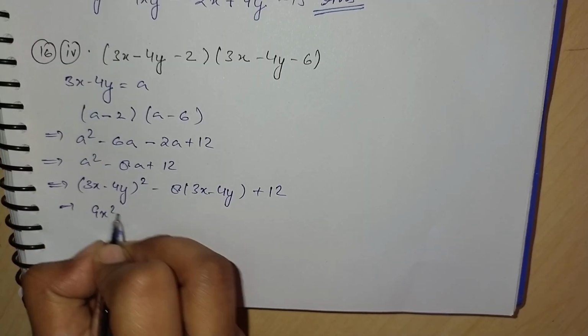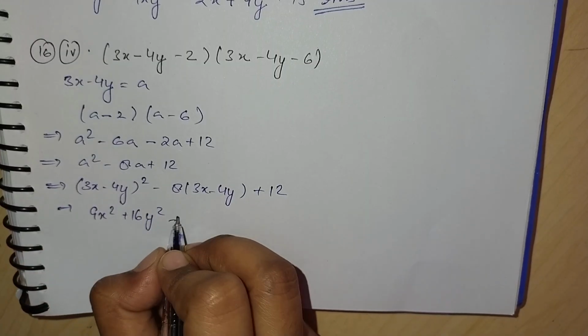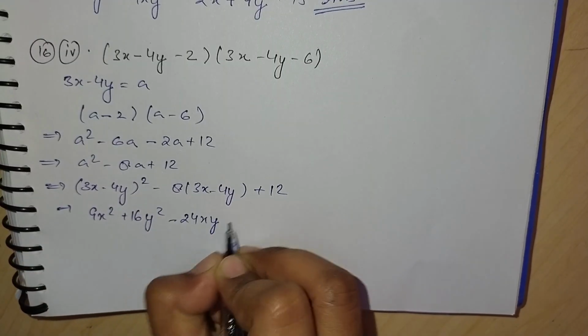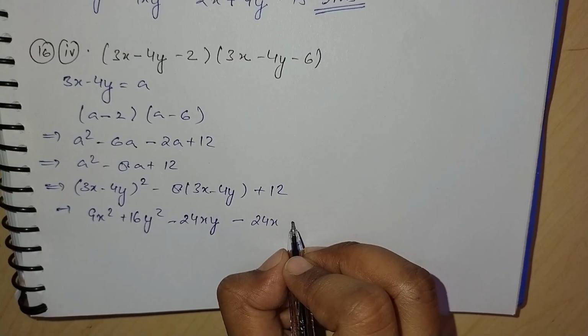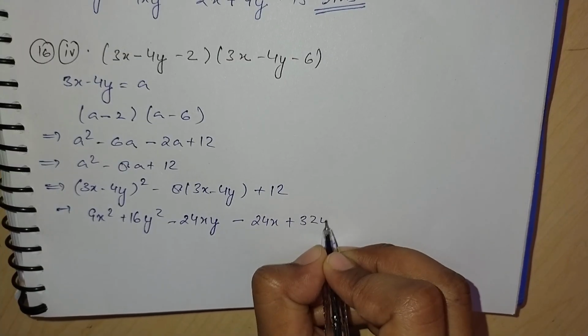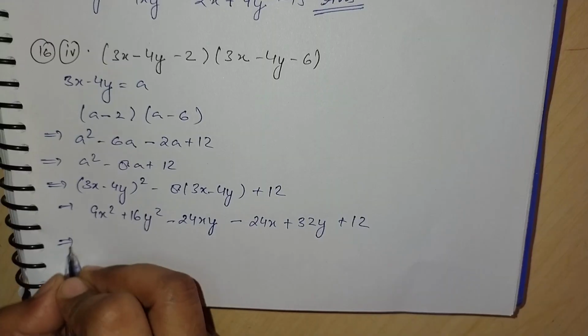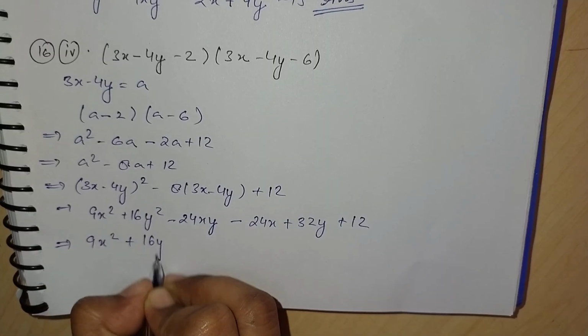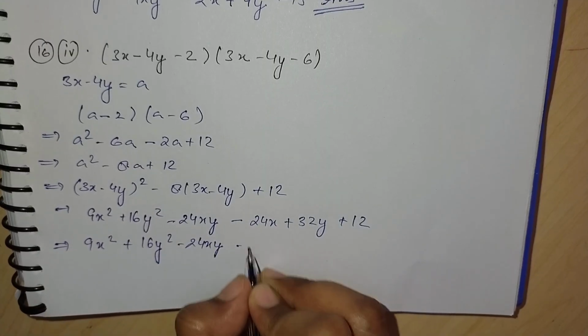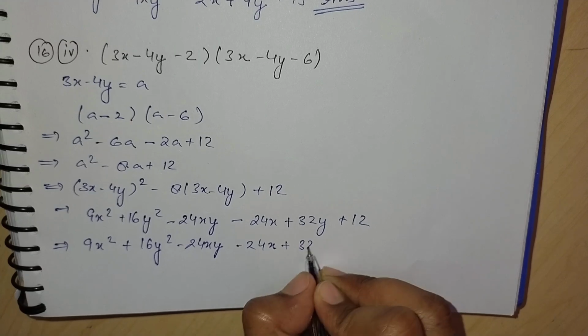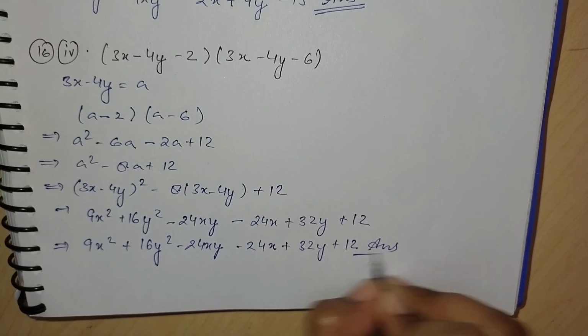So it is 9x square plus 16y square minus 24xy minus 24x plus 32y plus 12 is the answer here in this question.